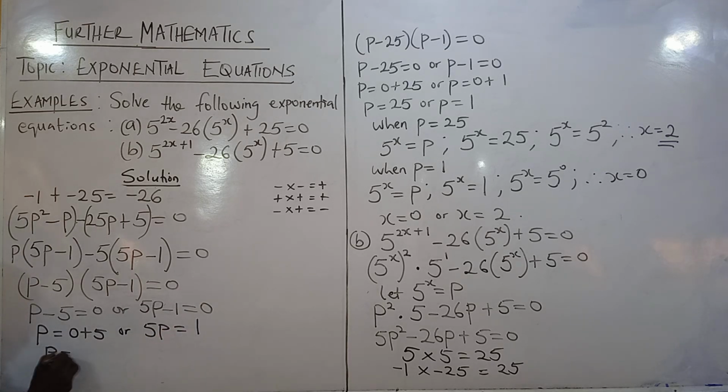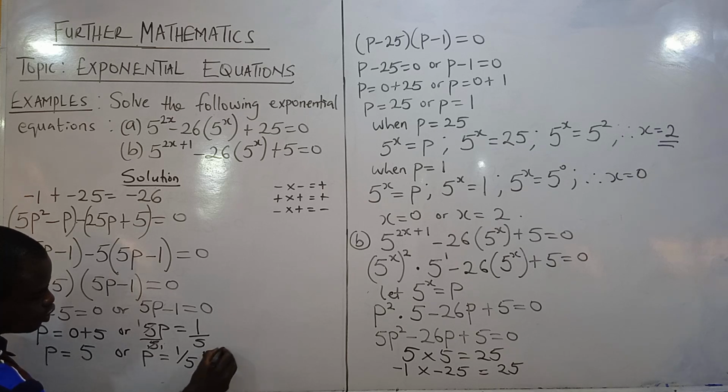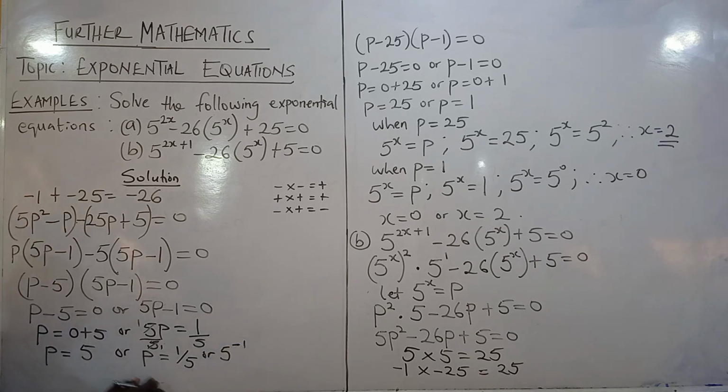Okay, p now equals 5, or divide both sides by 5, so p now equals 1 over 5, or 5 raised to power minus 1. In indices, 1 over 5 is also 5 raised to power minus 1 when you remove the reciprocal.